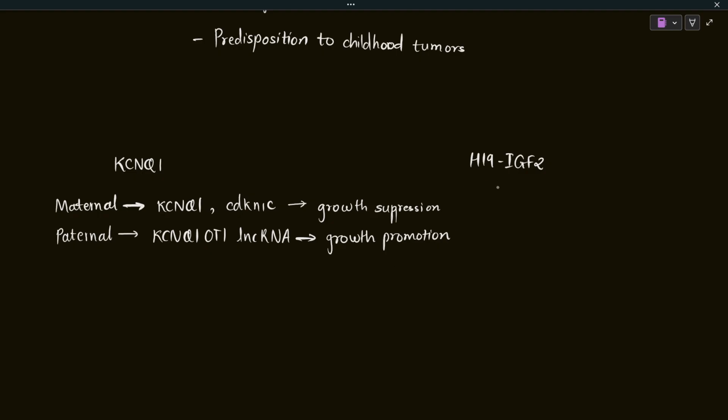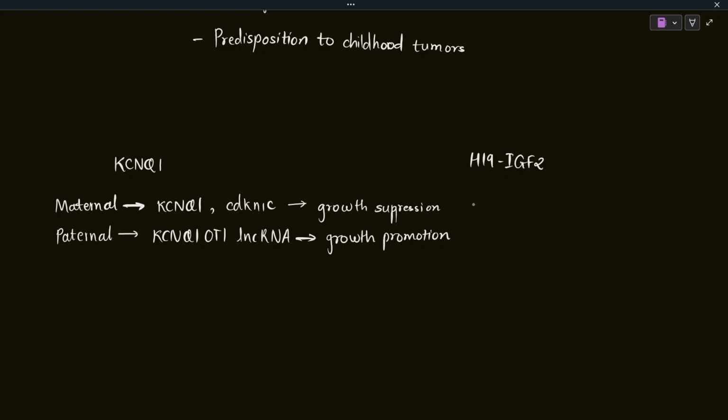In the H19 IGF2 cluster, there are two genes, the H19 gene as well as the IGF2 gene. The H19 gene codes for the non-coding RNA H19, while IGF2 is the growth promoting factor.